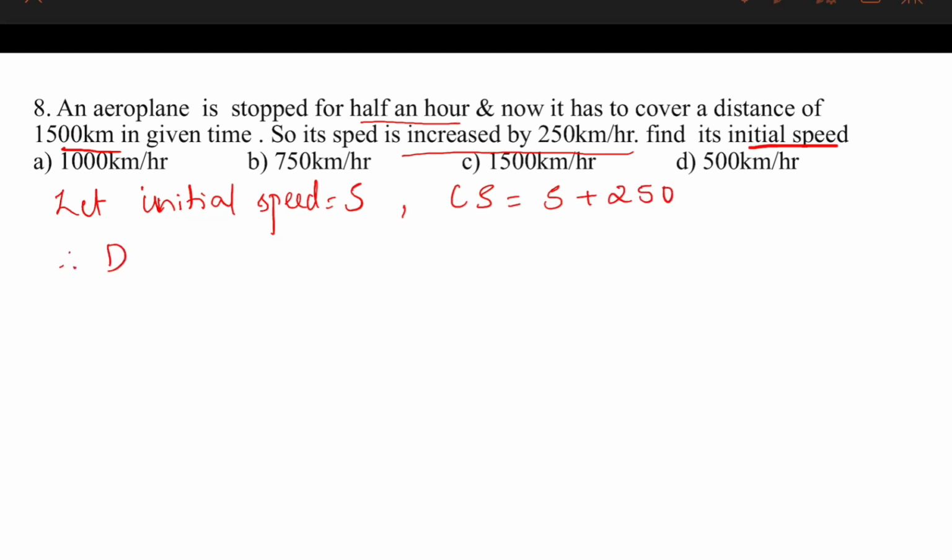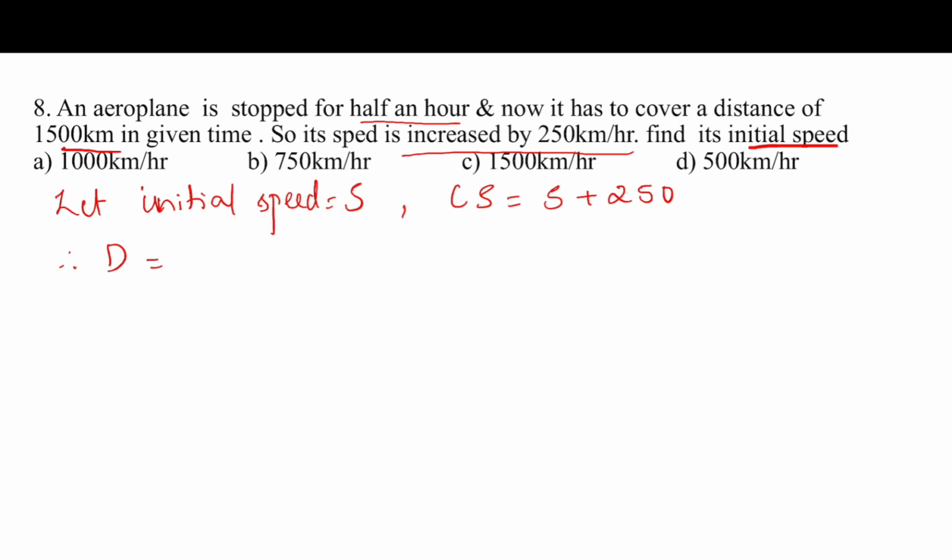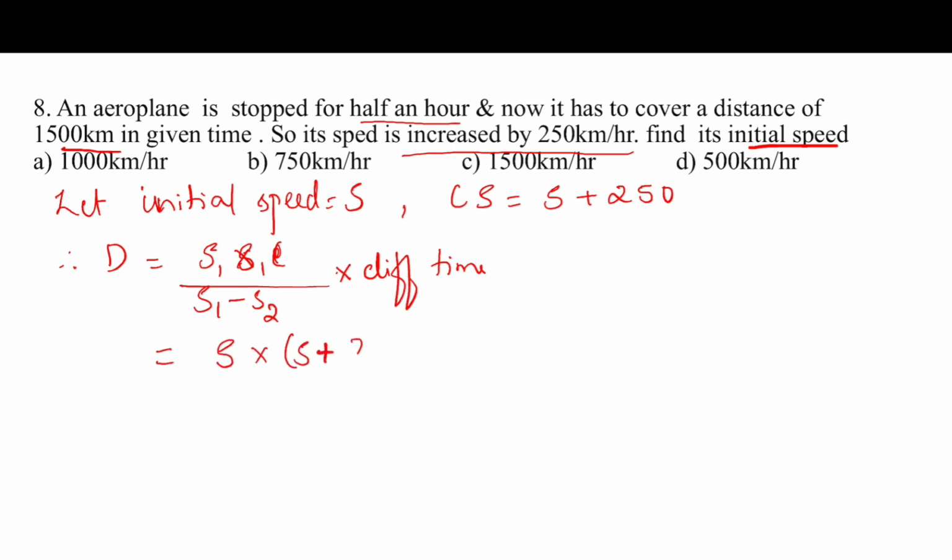So we know the formula: distance is equal to S1 S2 divided by S1 minus S2 into the difference in time. Speed 1 we know is x, and speed 2 is x plus 250, divided by the difference in speed.